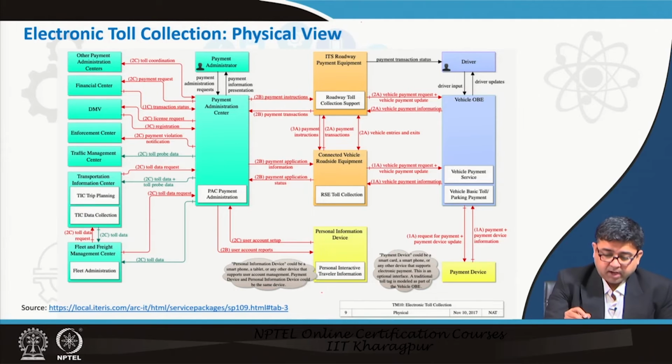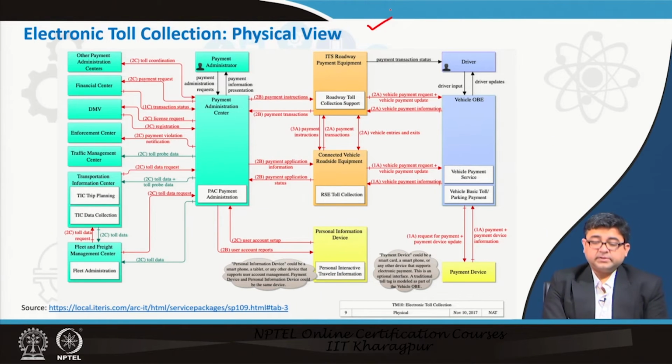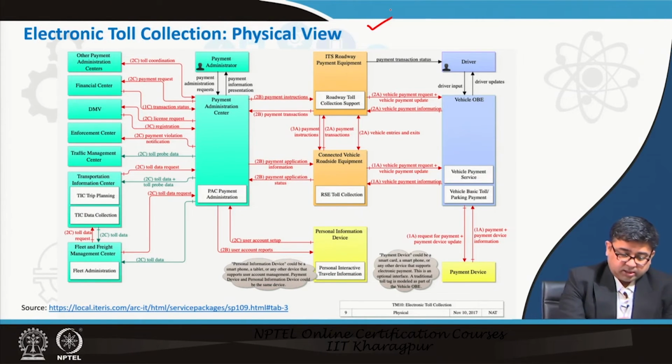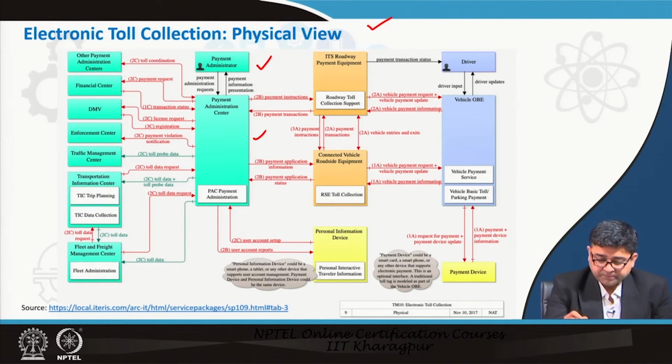So, if you look now at the physical view of the entire electronic toll collection system, you would again remember that they are all in different specific colors. These are all the centers, the light green. The light brown are the roadway systems.